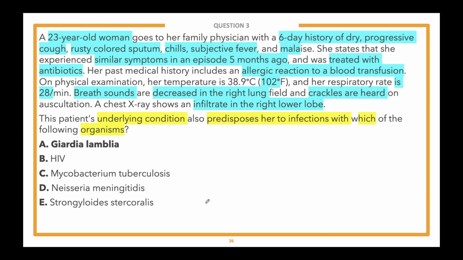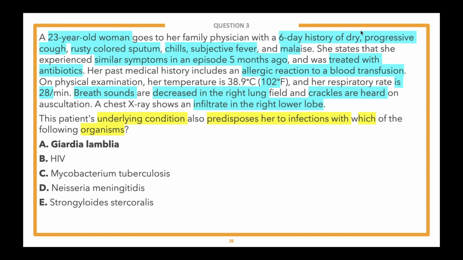Answer choice D. Neisseria meningitis usually presents with fever as well, but more headache, neck stiffness, and risk factors that you may see with that would include living in close contact spaces like military barracks or college dorms, or having a splenectomy, and we don't really have those risk factors here.